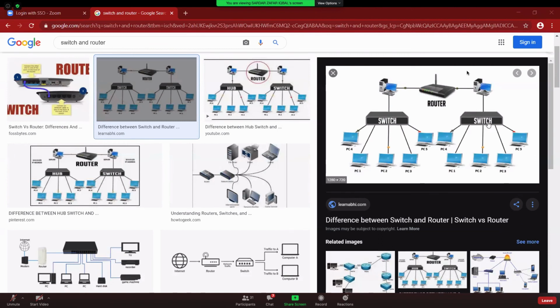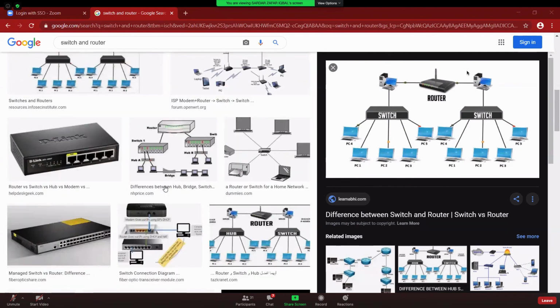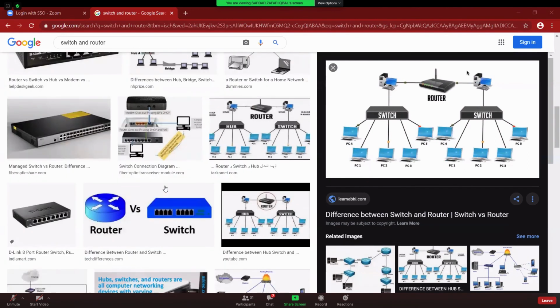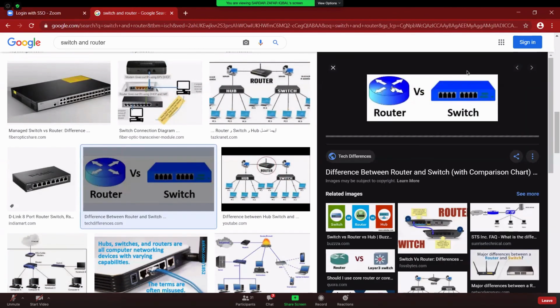We have a different switch. So it means they are different networks, or maybe the same network if they are using the same protocol, and they are all connected with the router there. The switch symbols are like this. Switch is like this, and router is like this in a circular shape.